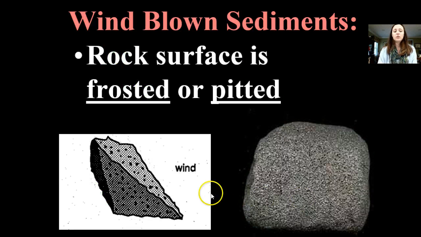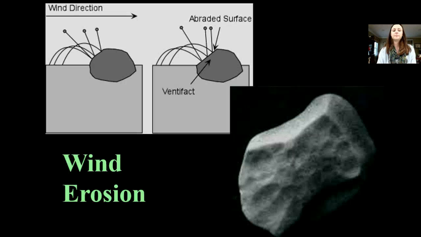Excuse me, let's go back. You also see it has this slant on it. This would indicate that the wind came from this direction and blew into the rock this way, creating this slant in the rock. So again, depending on the direction the wind is coming from, it will pick up sediments and pelt them against another piece of sediment, eventually chipping away and leaving behind a slanted rock, which we consider to be a ventifact.